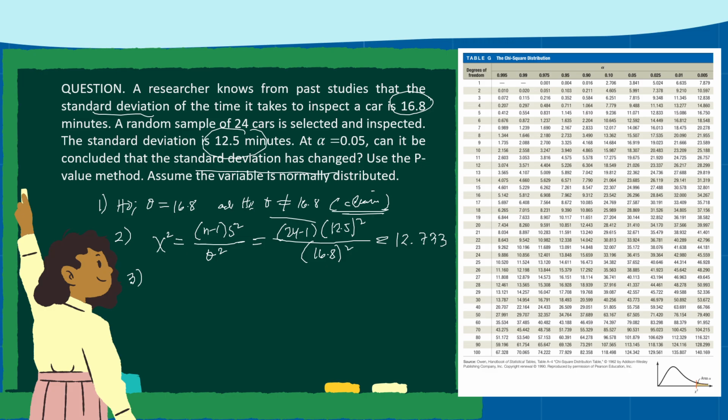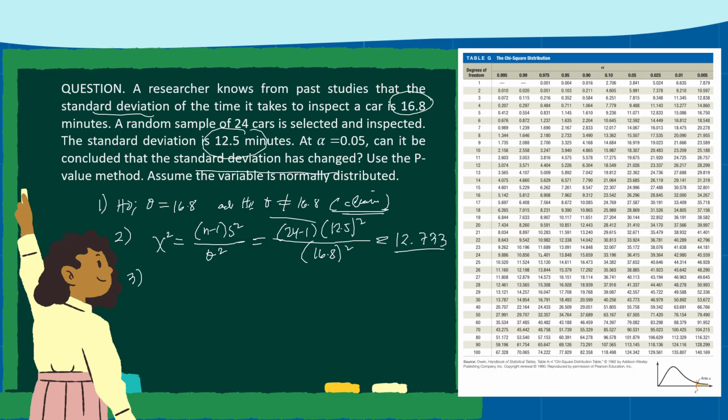Step number 3, we have to locate the closest value for this 12.733 in the table.